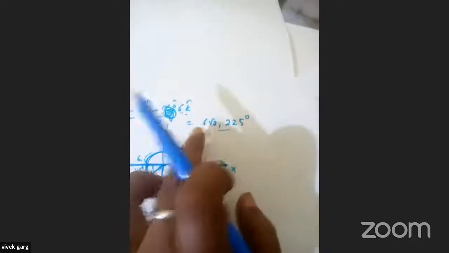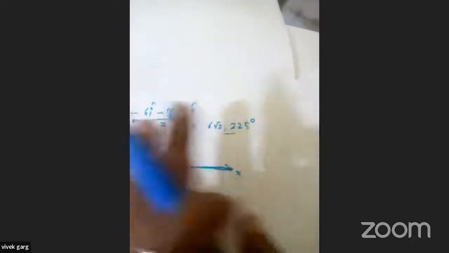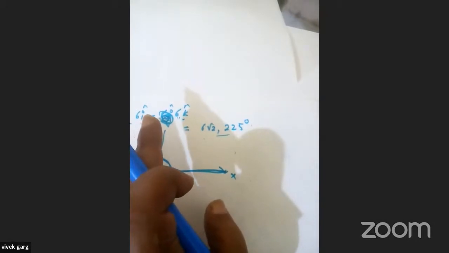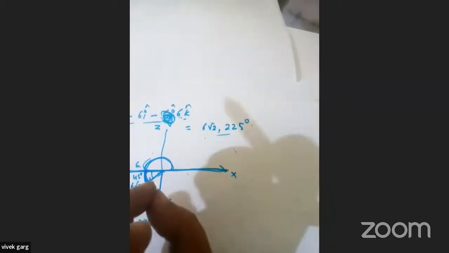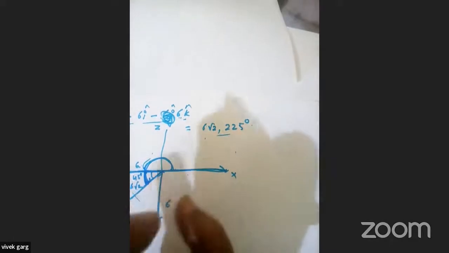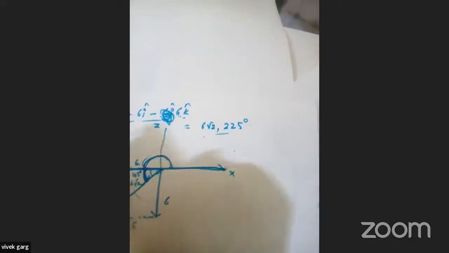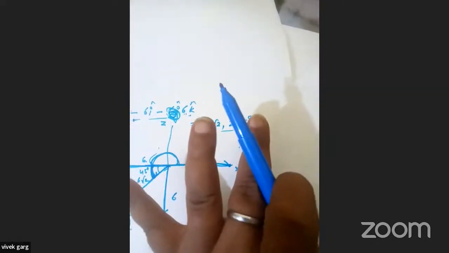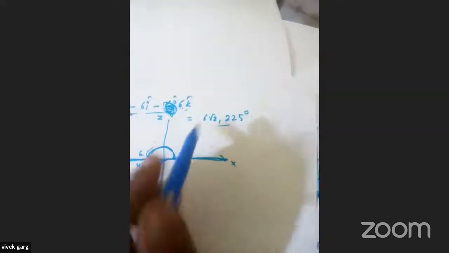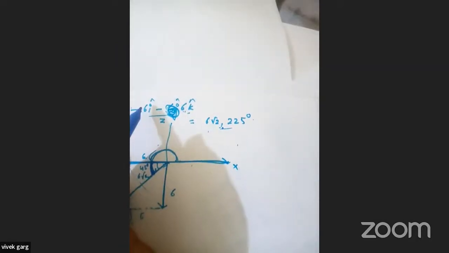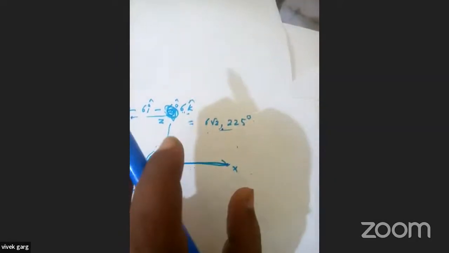Similarly, a vector in polar form can easily be written in Cartesian form. So representation of vectors can be polar or Cartesian, and we can convert one form to the other, which I'll be teaching you in the next lecture.